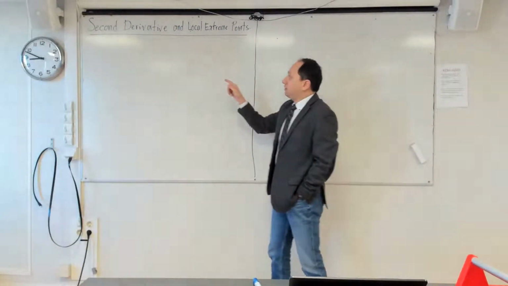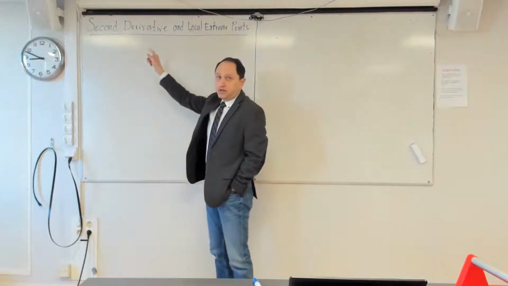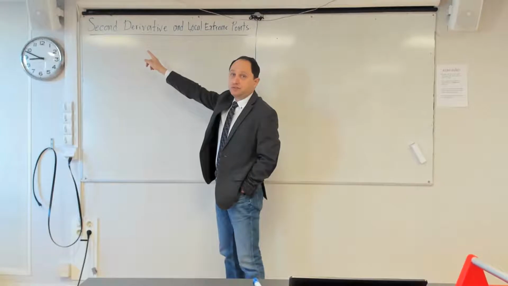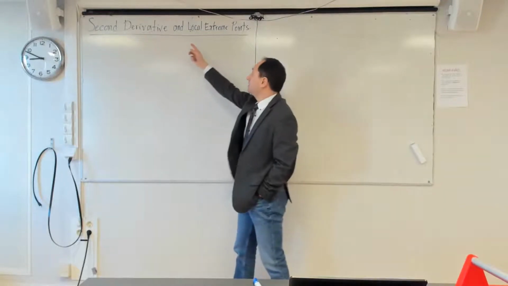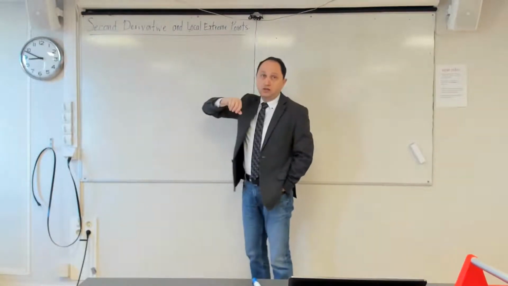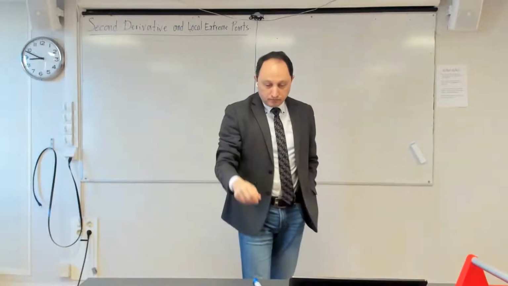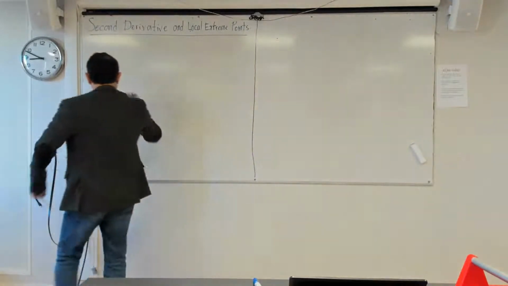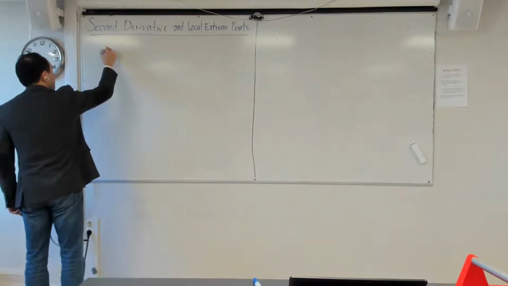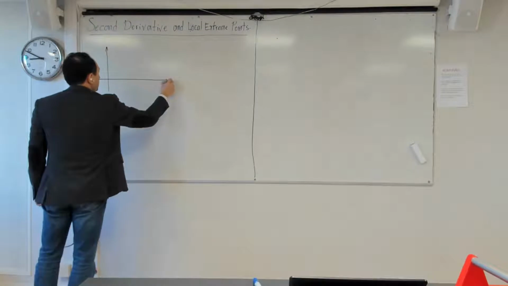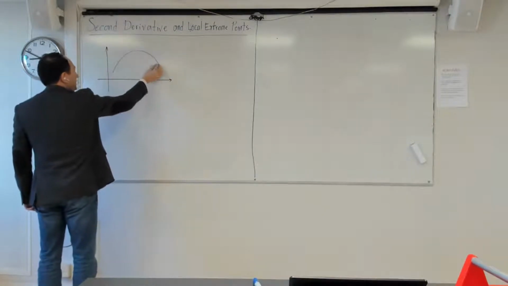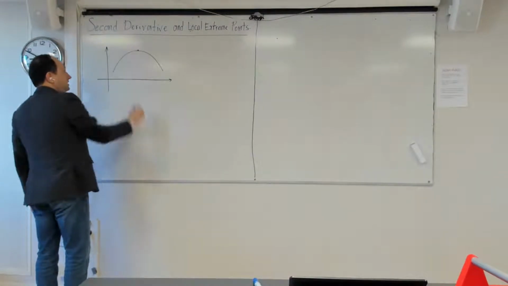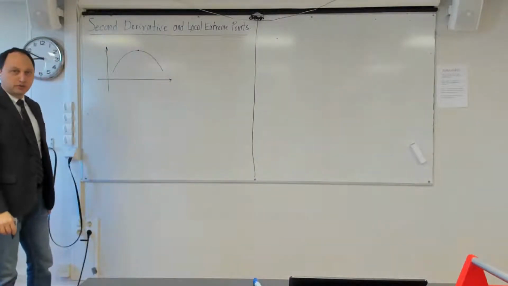Now, after learning about second derivative, I am going back again to use the notion of second derivative, not for inflection points, but again for local extreme points. And again, I want to motivate you. So this is simple. You see that I want to use the notion of second derivative, for example, to be able to detect this local extreme point.